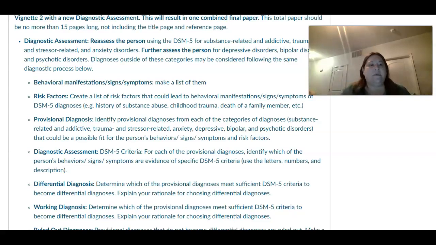If it's the same behavioral signs and symptoms, then that's okay. Just cut and paste them from Vignette 1. But if there are new additional things, this is the part of reassessing.